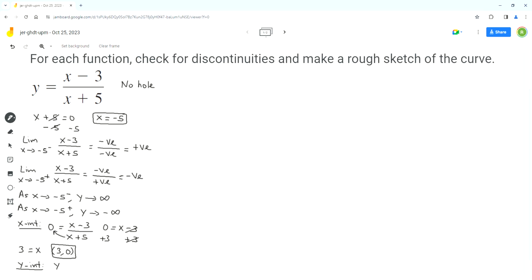So we get y equals 0 minus 3 over 0 plus 5. In the numerator we get 0 minus 3, which is negative 3, over positive 5. So the y-intercept can be written as (0, negative 3/5).